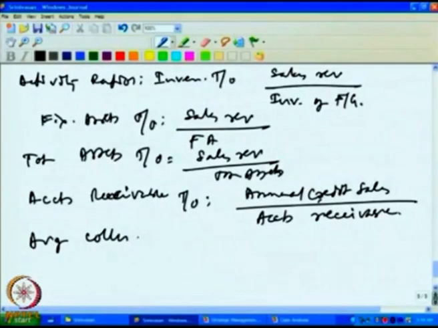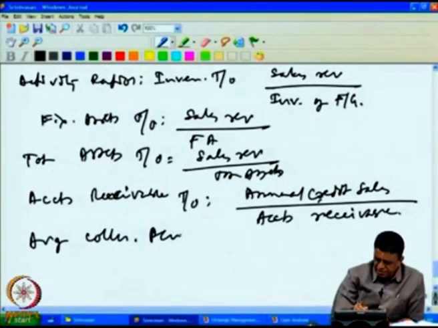The other ratio which we are interested in is what is called the average collection period.